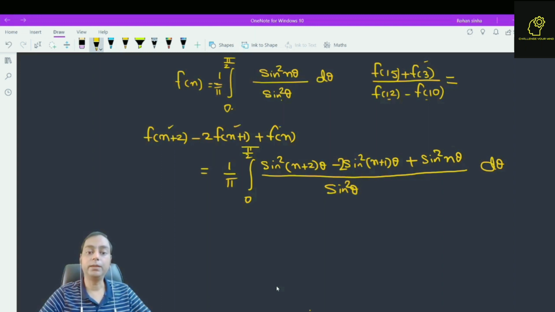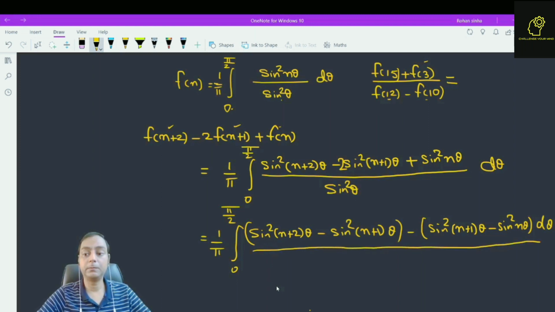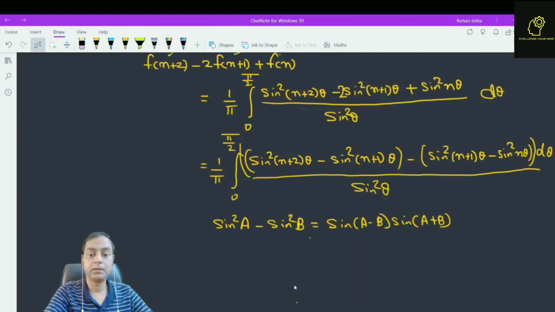Now if we calculate this further, we find 1 upon pi, integral from 0 to pi by 2 of sin square n plus 2 theta minus sin square n plus 1 theta, minus sin square n plus 1 theta minus sin square n theta, whole divided by sin square theta. And what about sin square a minus sin square b? We know that sin square a minus sin square b is sin a minus b into sin a plus b.